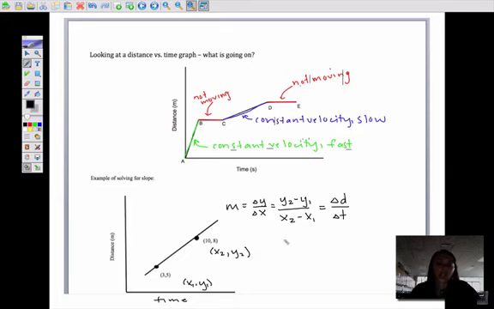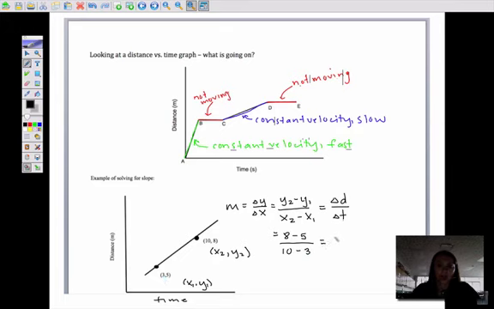So let's try to plug these into the equation we have above. So if we have x2, y2, and x1, y1, we need to figure out our y2 unit. So that's going to be 8 minus, let's go to y1, we need to go back down here, 5, over, and now we need to do x2, so x2 is going to be 10, minus x1, so down here it's 3.